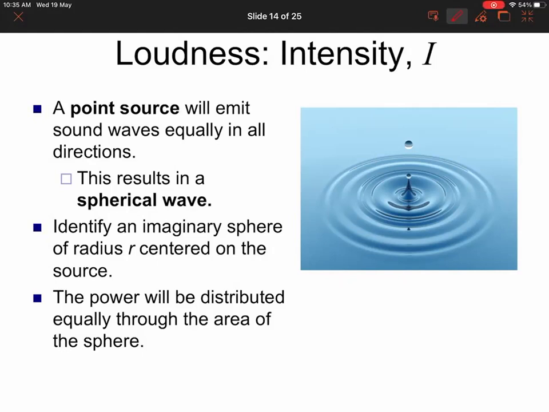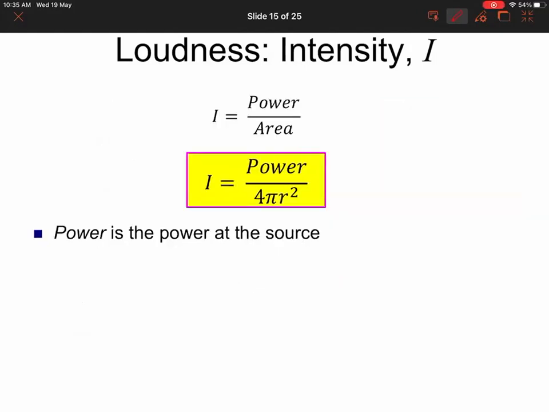And so the area in our equation for power will be the surface area of the sphere, which is 4 pi r squared. R is the radius of the sphere.